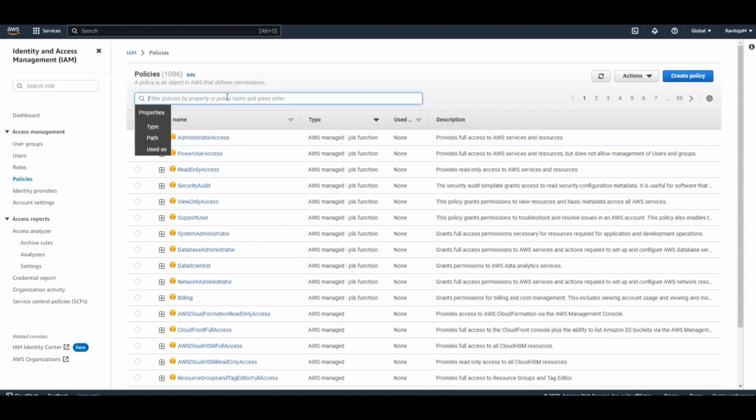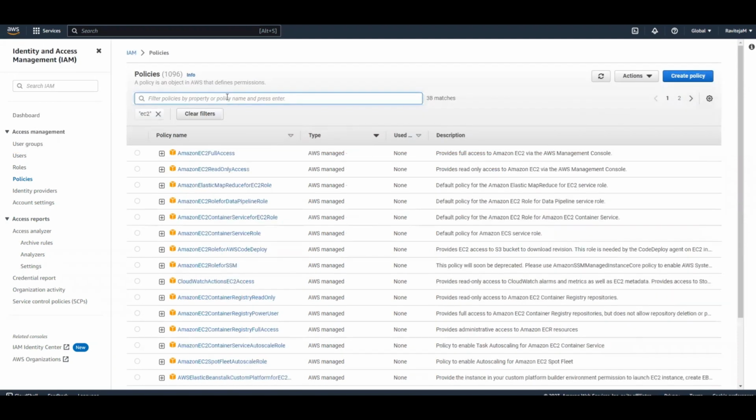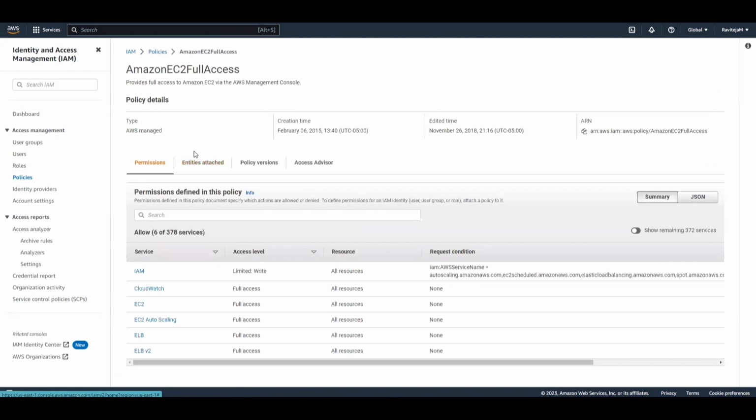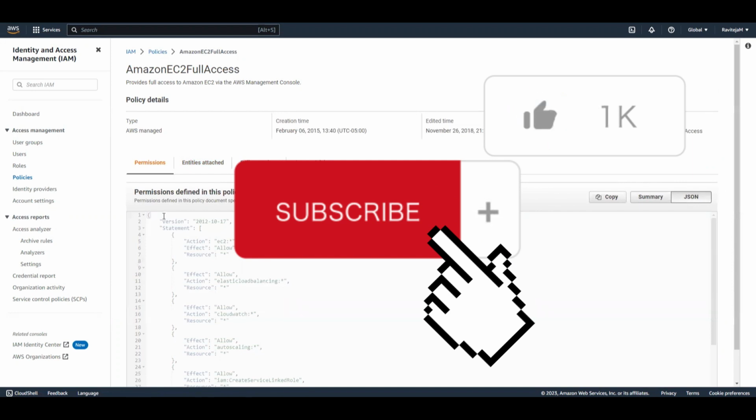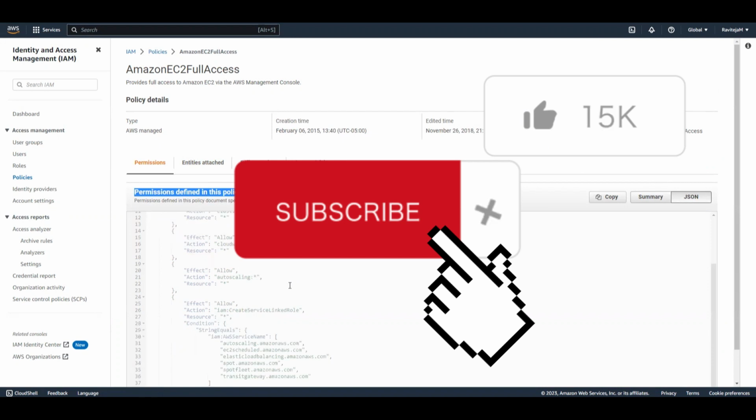Let's search for EC2 here, or the services that you want. In this case, let's select the first one, which is Amazon EC2 Full Access. You can see here we have the JSON format. This is the permission defined in this particular policy.